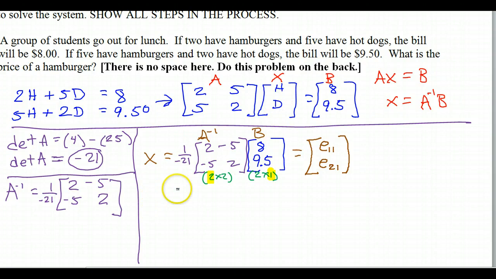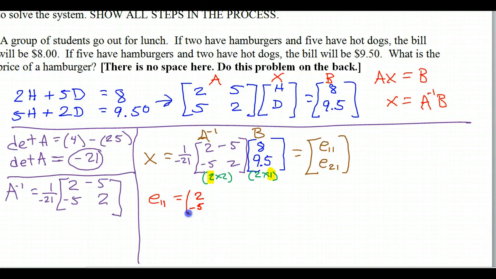So here we go. I think I'm going to switch back to red. Let's go ahead and find element 1,1. Okay, that was a terrible 1,1. Let me try that again. Let's go ahead and find element 1,1. Much better. 1,1 means row 1 times column 1. So row 1 is the 2 and the negative 5.